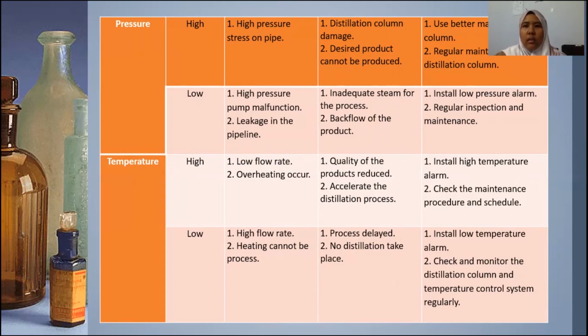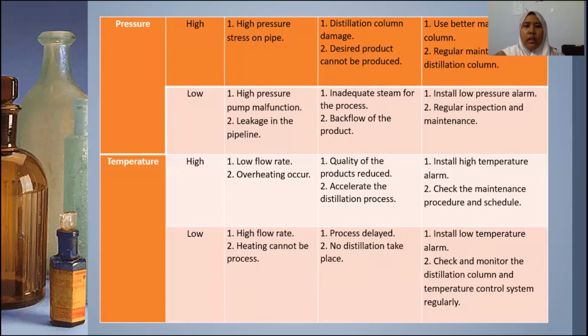So what can we do is use a better material for the column and regularly maintain the distillation column. For the low pressure, it can cause high pressure pump malfunction and also leakage in the pipeline. So its consequences can be inadequate steam for the process and also backflow of the product. So what can we do is install a low pressure pump and also do regular inspection and maintenance.